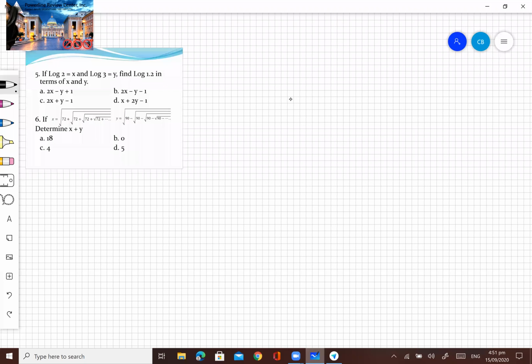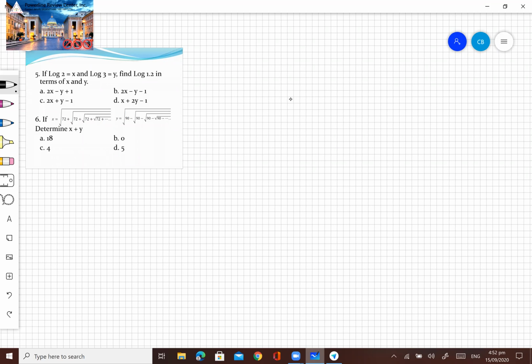For problem number 5, it is given that if the logarithm of 2 can be expressed as x and the logarithm of 3 can be expressed as y, try to express the logarithm of 1.2 in terms of x and y.